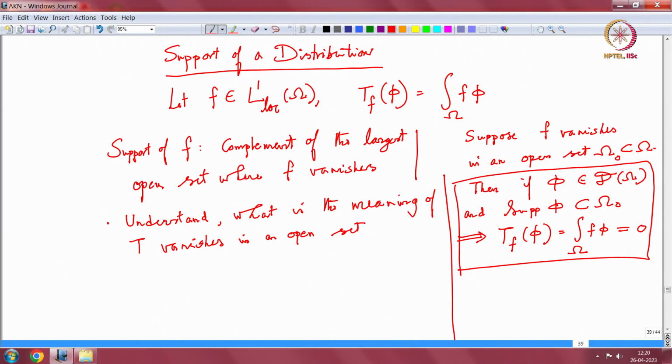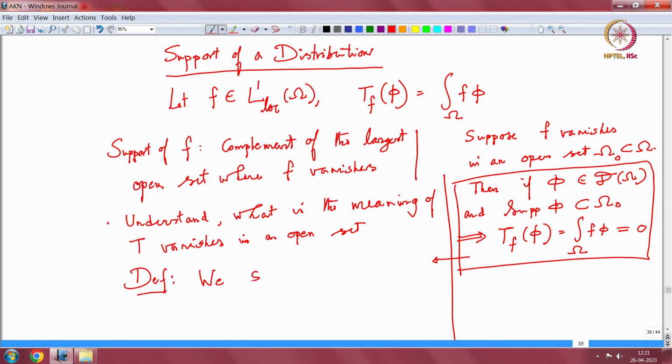So, the vanishing of f pointwise, that f(x) equal to 0 for all x in Ω_0, can be written in terms of this, and this is a generalizable condition. So, that is the definition exactly.